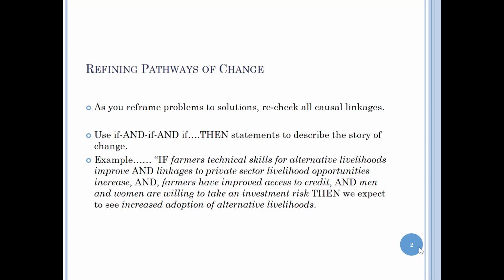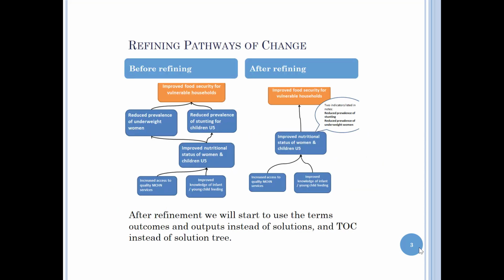We should check this because it can happen that when you are refining your pathways of change, you come across solutions that you have included that in fact are redundant or are expressing other things besides solutions, such as indicators. Take a look at the pathway on the left before refining the solution tree.